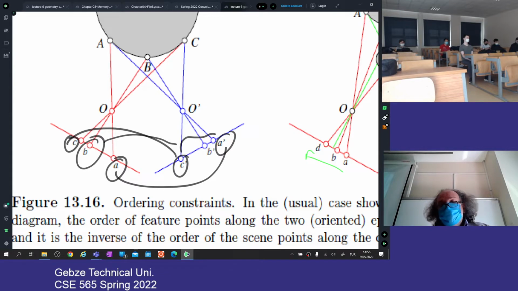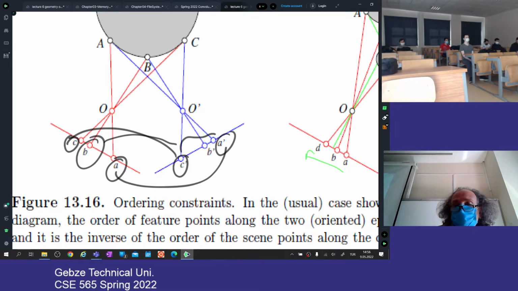That's if I like to keep the order. So that's the ordering constraint that would give me lots of good constraints on my correspondence establishment problem. So that will be nice.